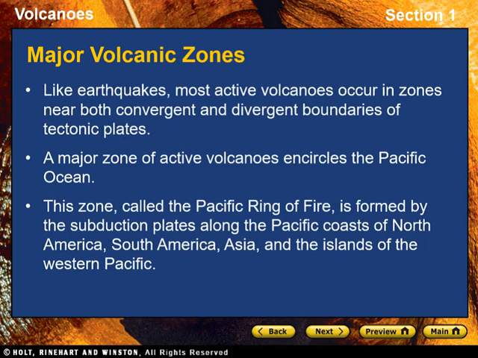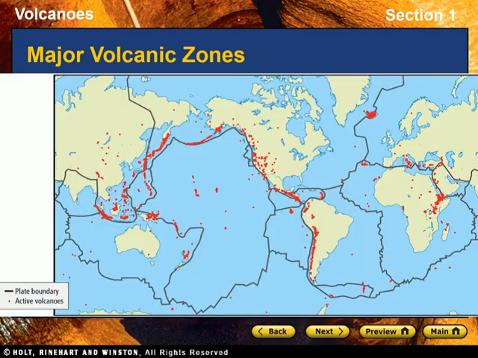Major volcanic zones. If you were to plot the locations of the volcanoes that have erupted in the past 50 years, you would see that the locations form a pattern across Earth's surface. Like earthquakes, most active volcanoes occur in zones near both convergent and divergent boundaries in tectonic plates, as is shown on the screen here.